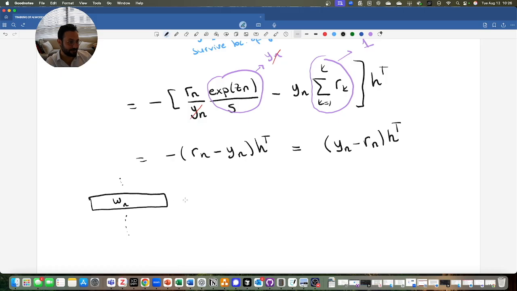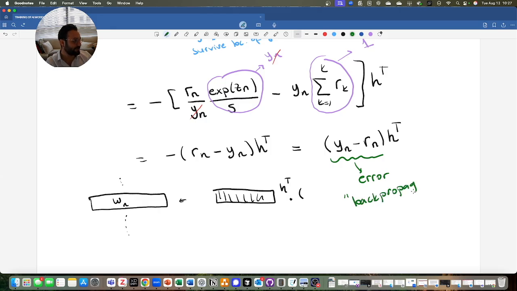And my Wn update is going to be H transpose, whatever it used as input, multiplied with the error. The error, now I'm going to use the proper word, back propagated to the output of Wn, right?